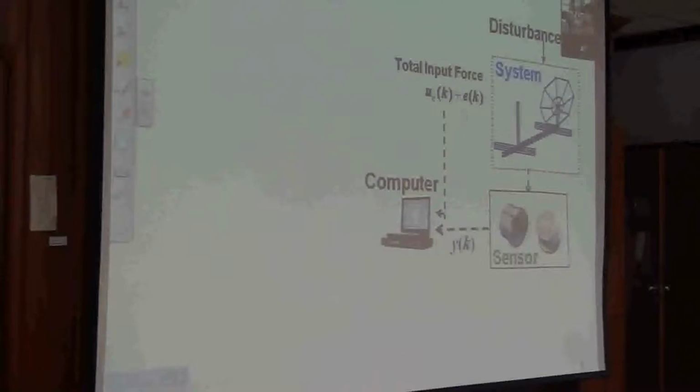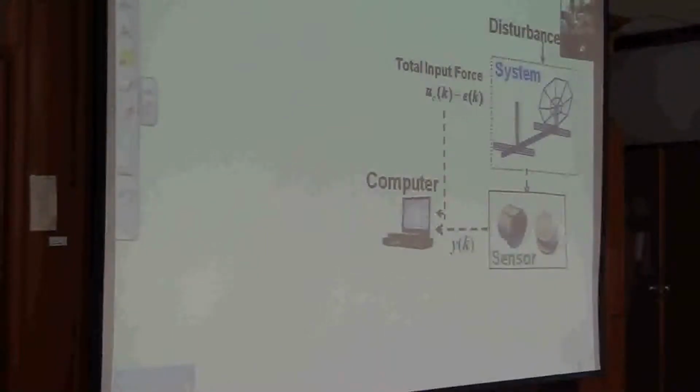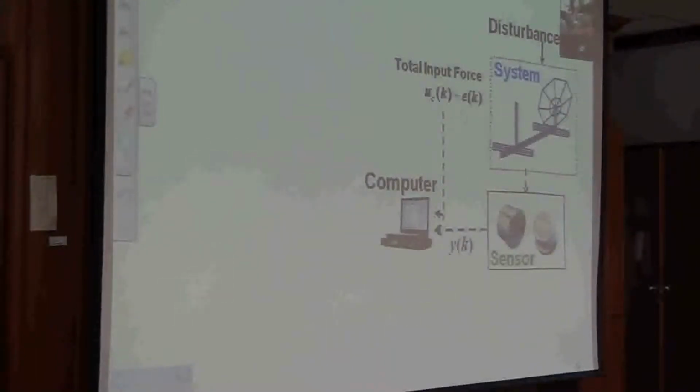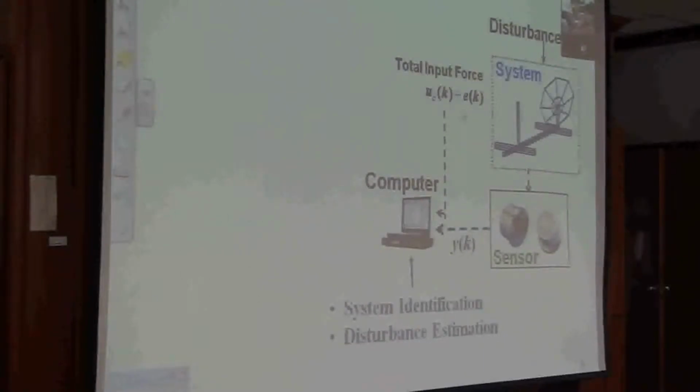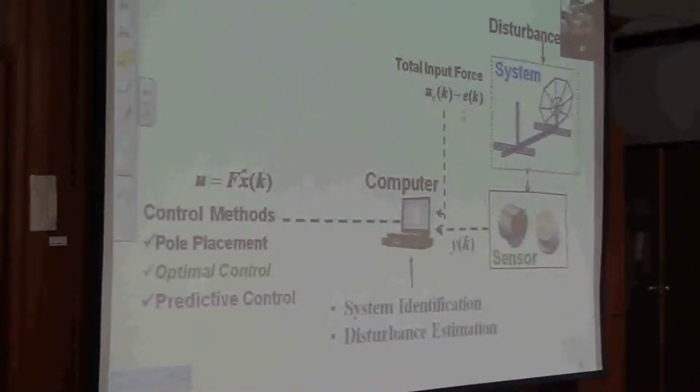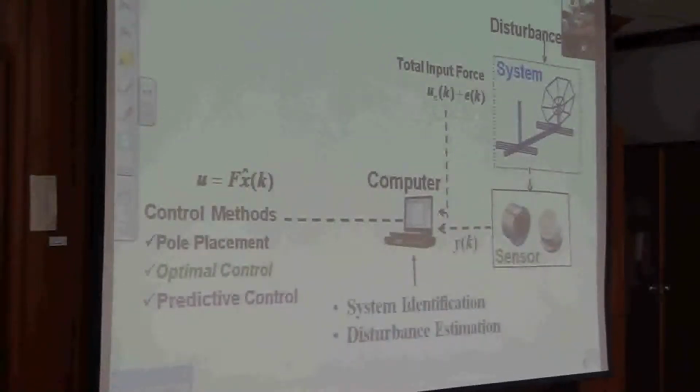So what goes into the computer is your input, but what actually goes into the system is the input plus an error. So with these input and output, we can do system identification, and also we have to consider the disturbance estimation, which is also error analysis.